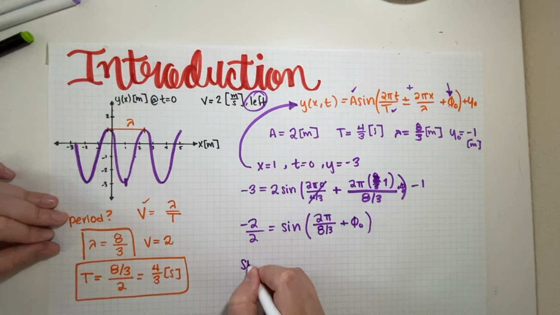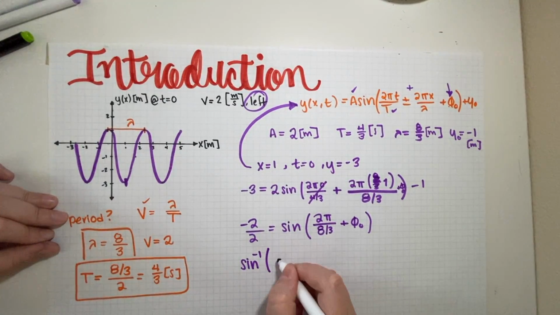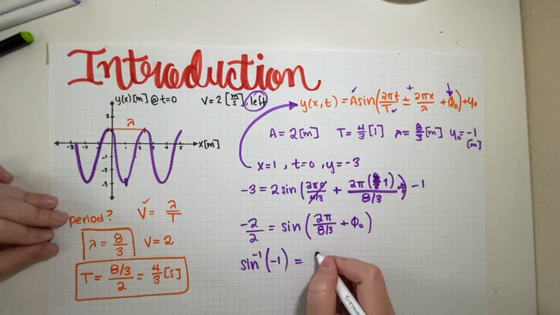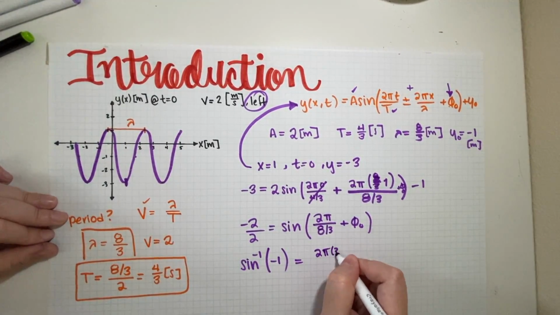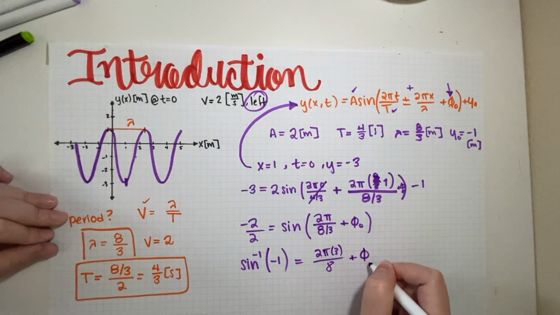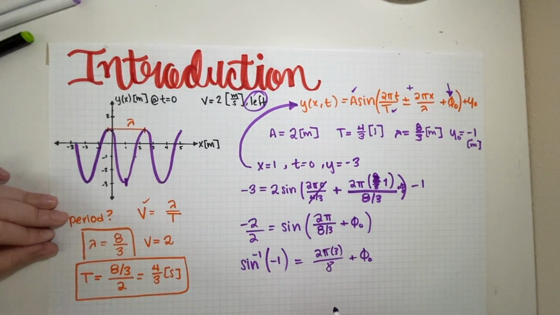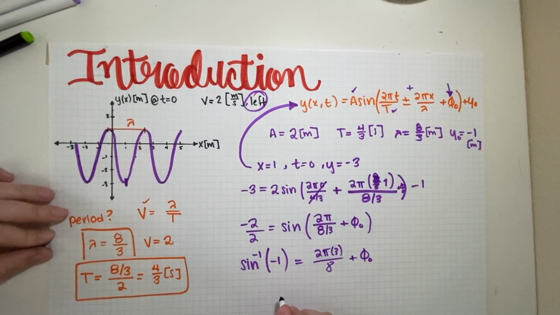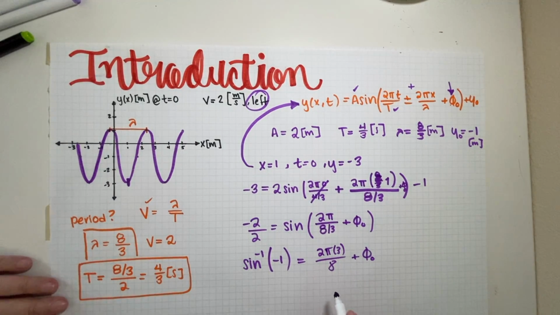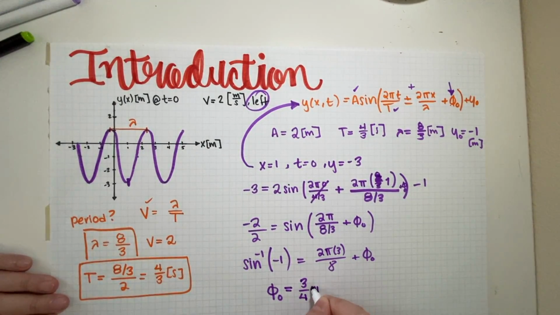So sine inverse of -1, this is just -1, is equal to 2 pi times 3 by 8 plus this constant. And if we do this, then we'll see that this is 3/4 of pi.